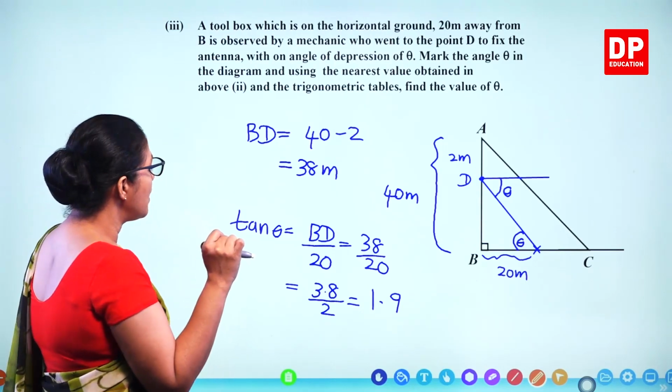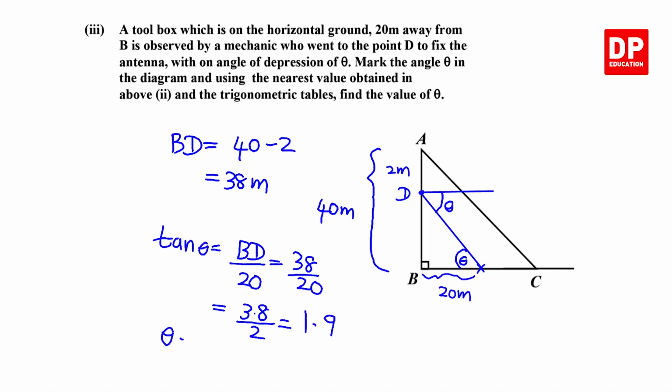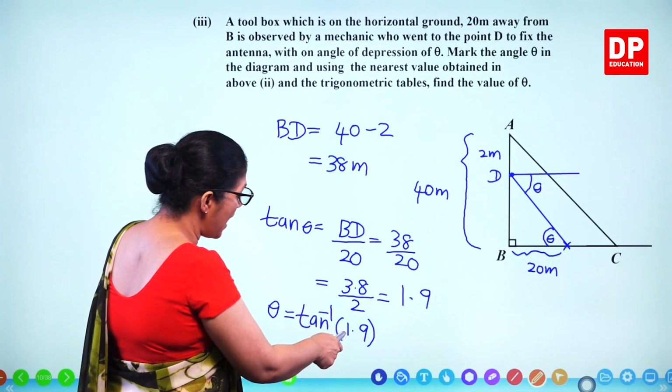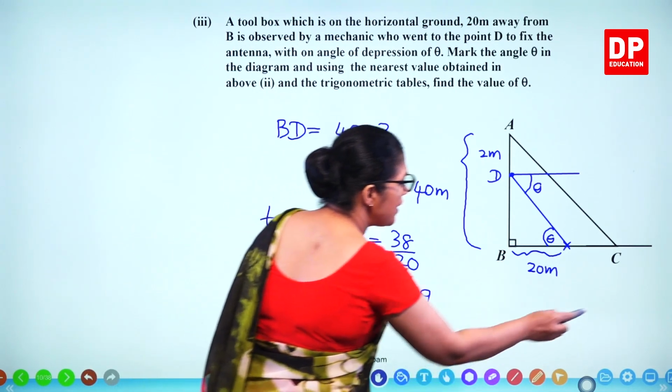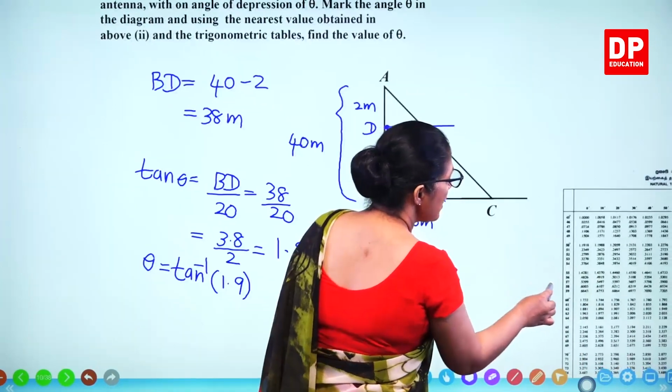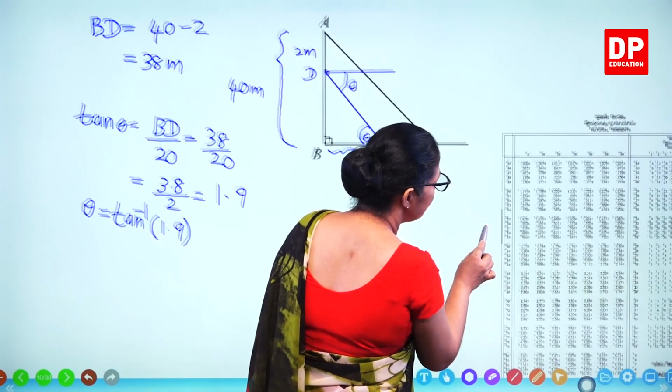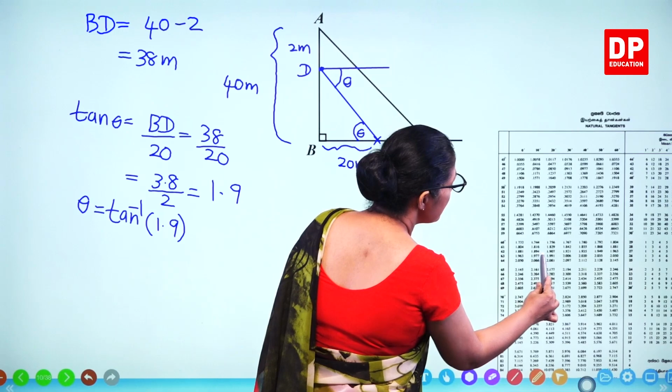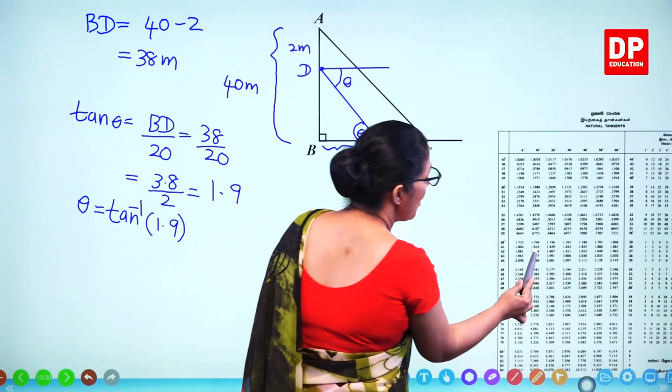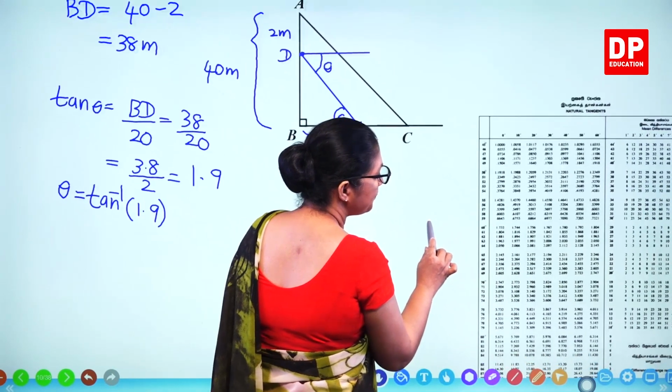So what's theta? You have to refer to the tan tables. Now we have to refer to the inverse of that value. Now we'll refer to the tangent table and see where you get 1.9. So tangent table 1.9. Here 1.894 is there.